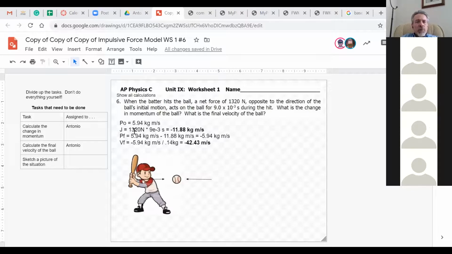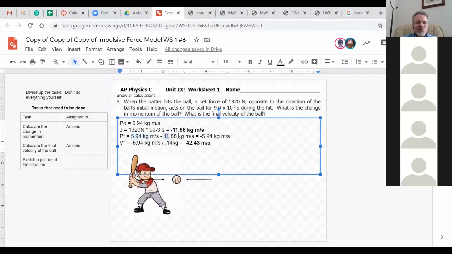We have J here, and then we multiplied it by the amount of time, which is equal to this part here. Okay, so that would be the impulse on the ball. That makes sense. So we have the number from the last equation minus the impulse, which gives us that.